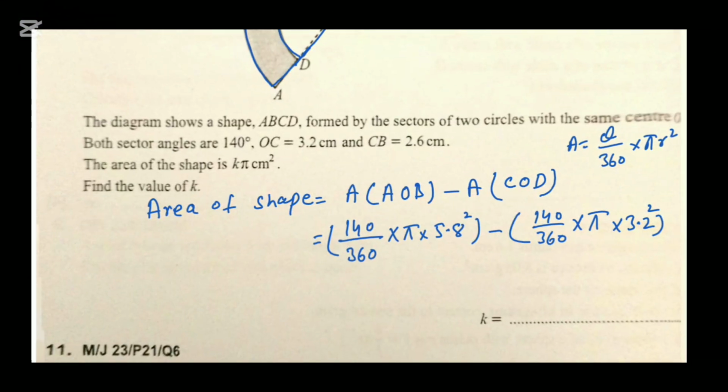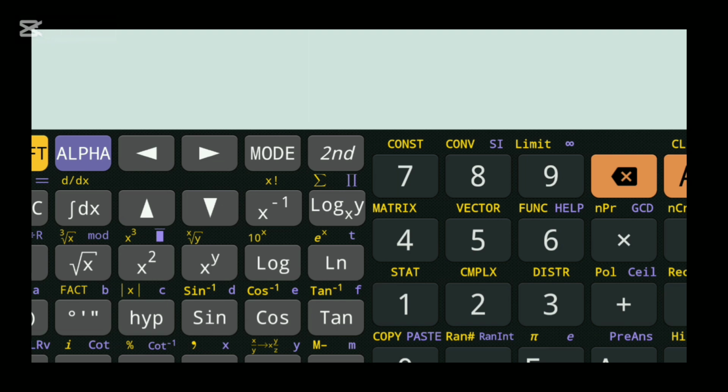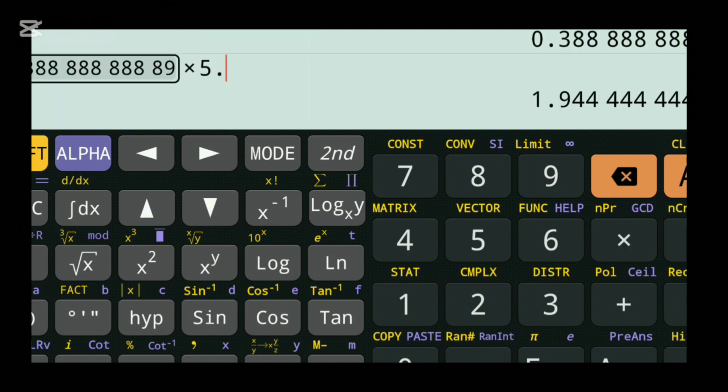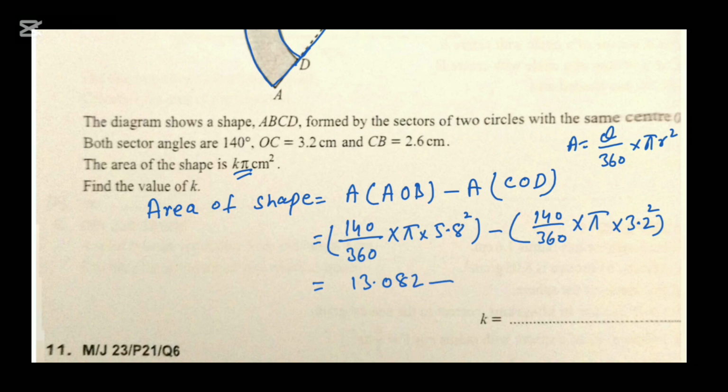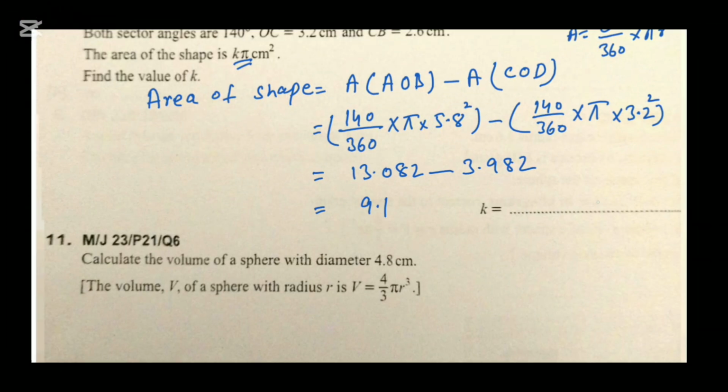So actually what you have to do, the area of the shape is k pi. So it means you will not multiply pi, pi will remain as it is. So 140 over 360 into 5.8 square, 140 over 360 multiply 5.8 square, 9.1.